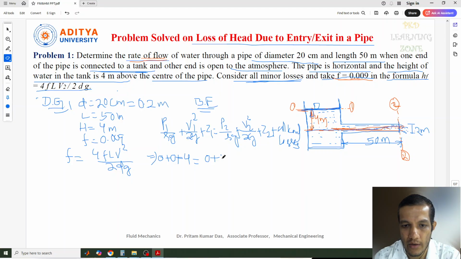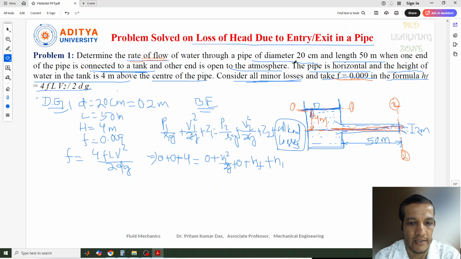So we write the same equation: V2 square by 2g plus Z2, which is also 0, and now the losses. In all the losses we consider, one is the loss due to friction, the loss through the pipe, that is HF, and the next is the head loss due to entry in the pipe, HI.